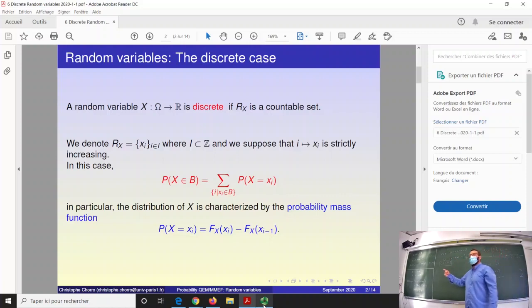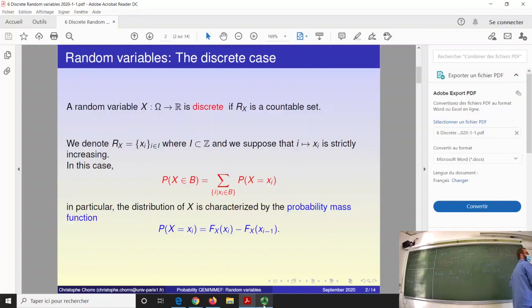From the definition of a probability, the probability of the union is equal to the sum of the probabilities. And so, if I ask you to compute this one, okay, you obtain the sum on the set of the i such that xi belongs to B of what? Of the probability of this set, that is the probability that X is equal to xi.